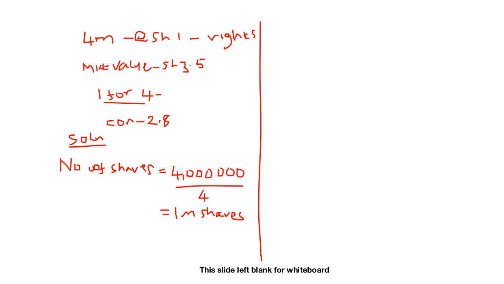So those are the number of shares that are to be acquired through the rights issue. Now, that's the first step, that we have determined the number of shares to be acquired through the rights issue.